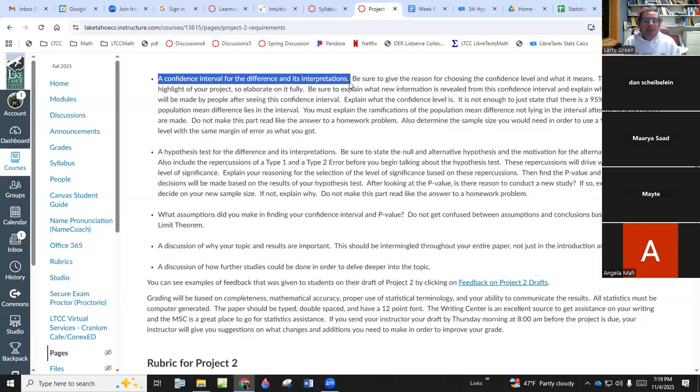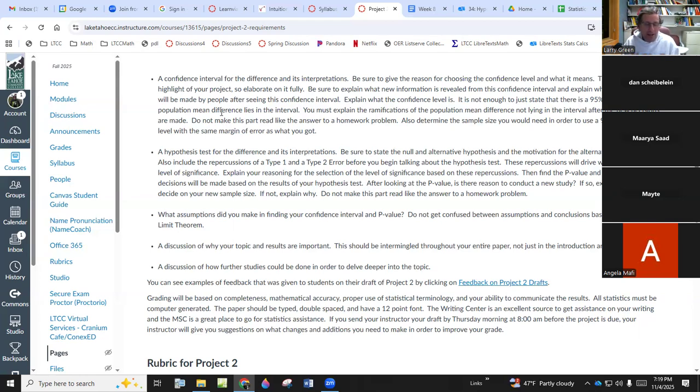For the confidence interval, you should explain why you chose the confidence level. You should look at confidence intervals for 90%, 95%, and 99%, look at the pros and cons of each of them, and discuss them in your project.